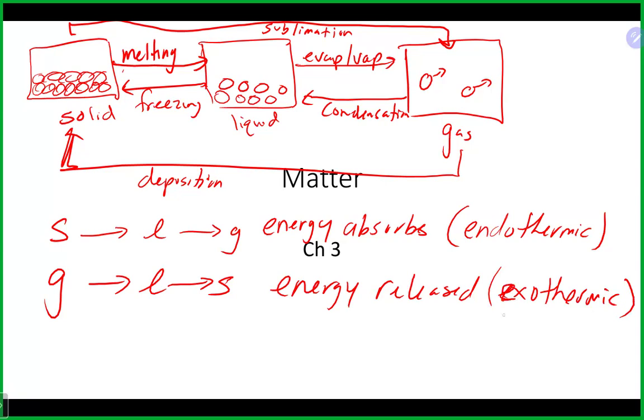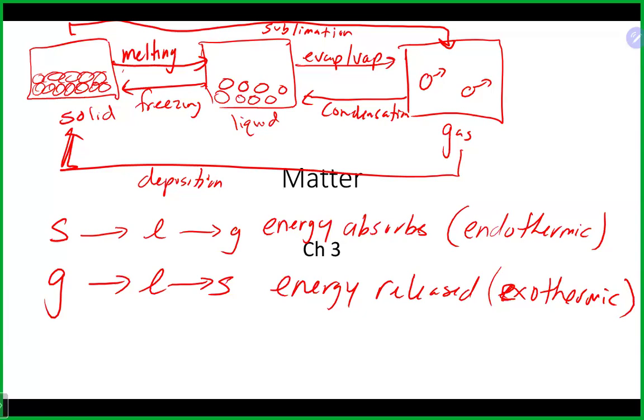So endothermic, we absorb energy. Exothermic, we release energy. If you think about gas molecules that are flying around really fast with a lot of energy, if they release their energy, they're going to start to slow down. And when they collide with other gas molecules, they no longer have enough energy to escape each other, and they kind of clump together and drop into the liquid state.